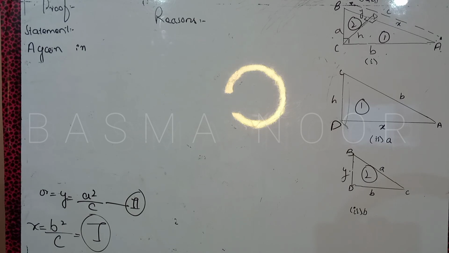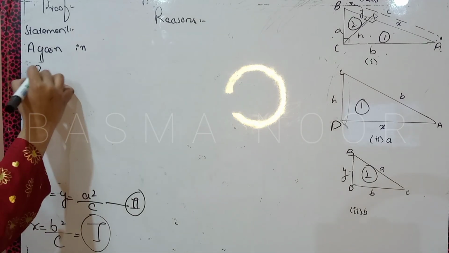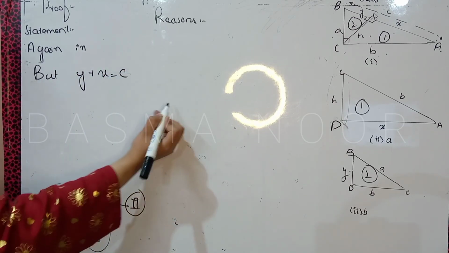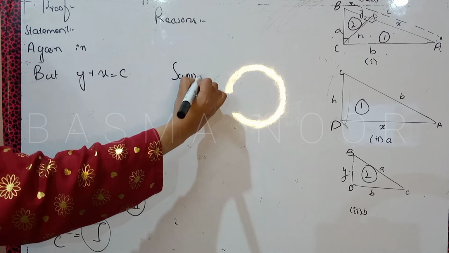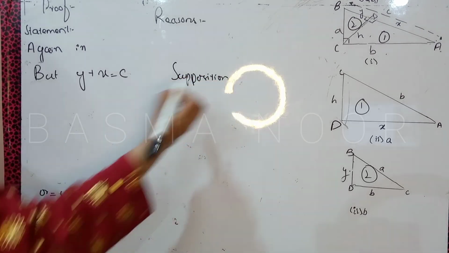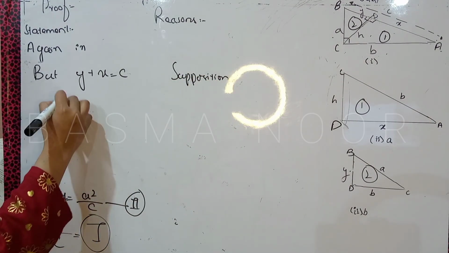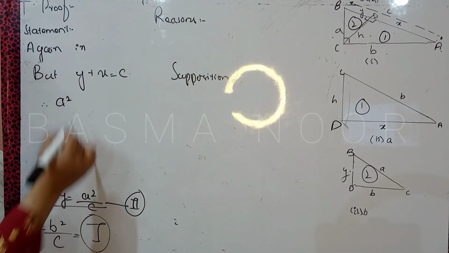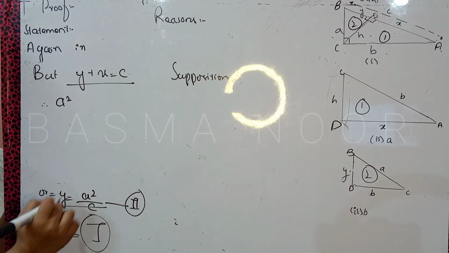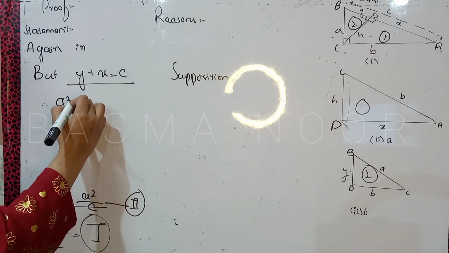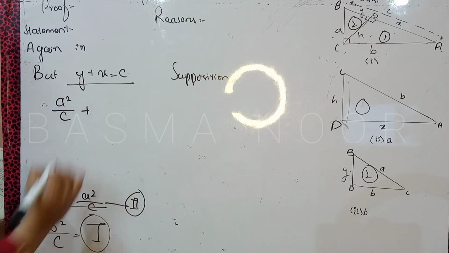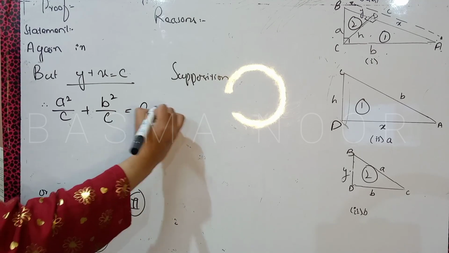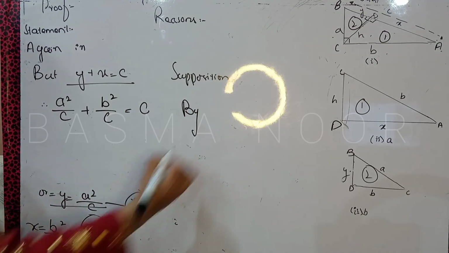But y plus x is equal to c. How? We use supposition here. Then a square by c is the y value, and this is the x value, b square by c, and this is c by 1 and 2.